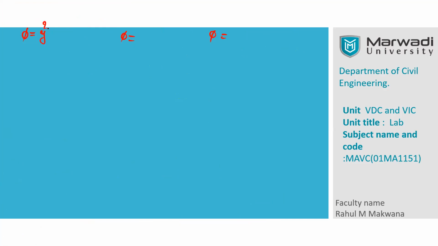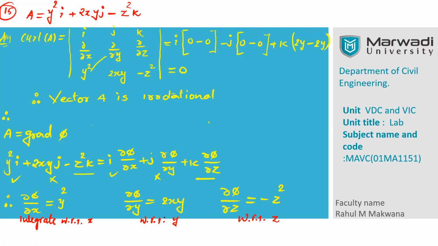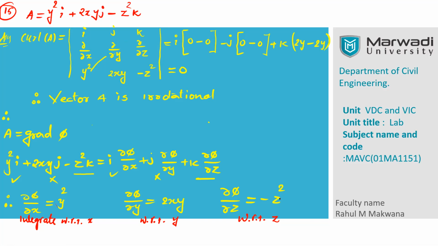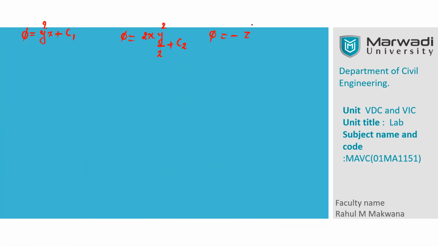So y square into x plus constant 1. Here integrating with respect to y, so 2x into integration of y square by 2, second constant, and integrating with respect to z gives minus z cube by 3 plus constant number 3.